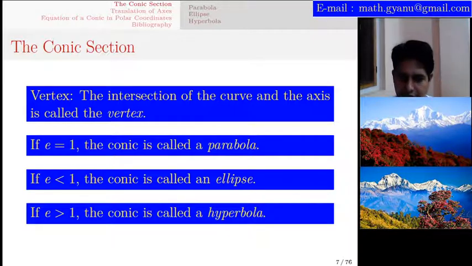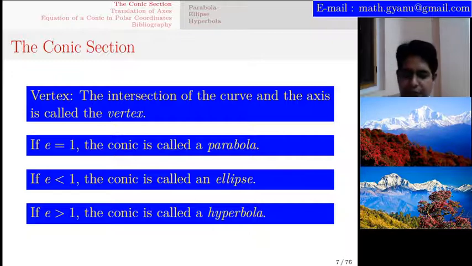From these slides, you will be able to answer one short question. Define conic. When does it become a parabola? Or define conic. When does it become an ellipse? And another question: define conic. When does it become a hyperbola?